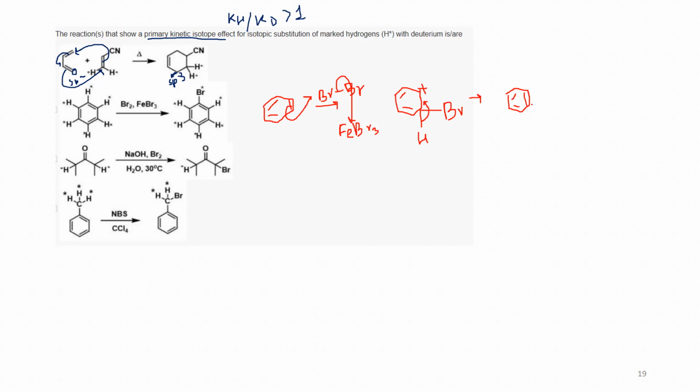Now in this case, the first step is the rate determining step. Here you can see there is no CH bond breaking. The CH bond is getting broken in the next step, the second step. So it will not show any primary kinetic isotope effect.